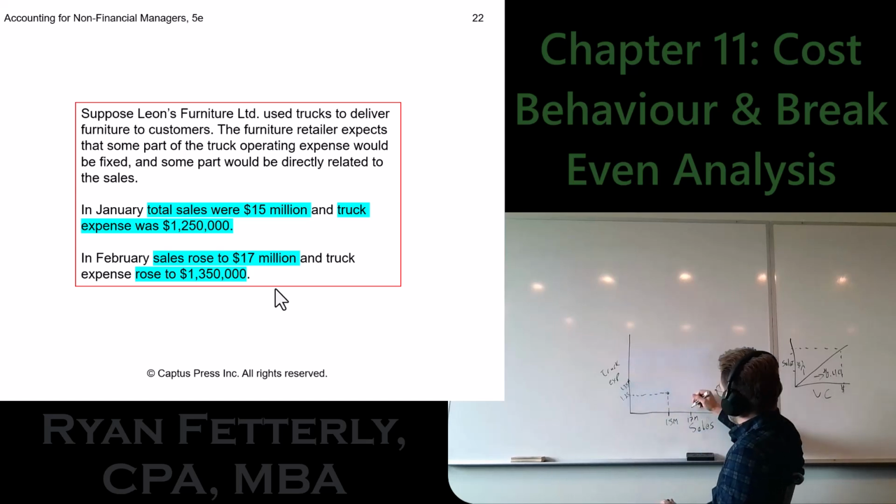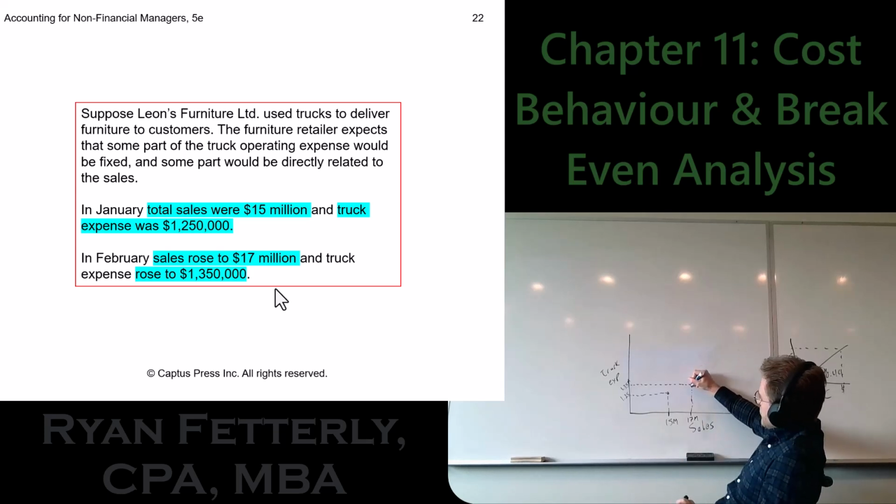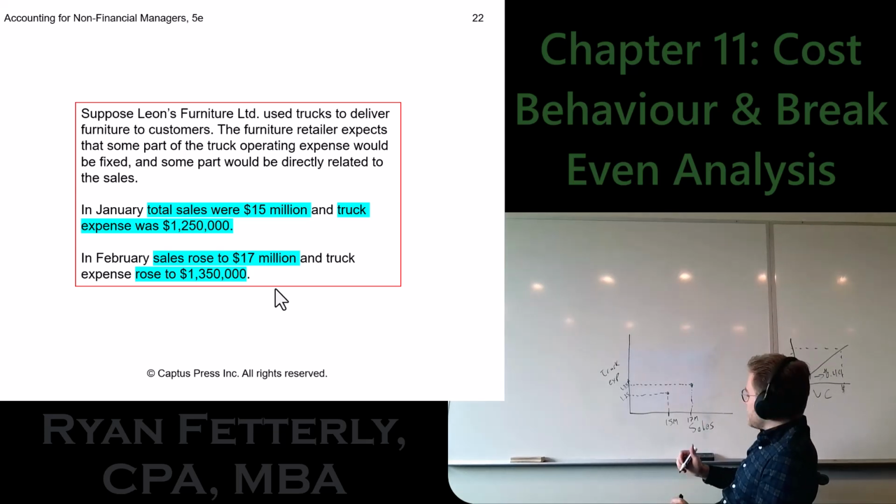So in this case, I plot this out to about here, okay? So what has happened here is basically this is an increase, right, of $2 million from January to February.